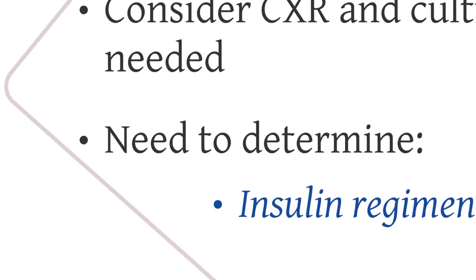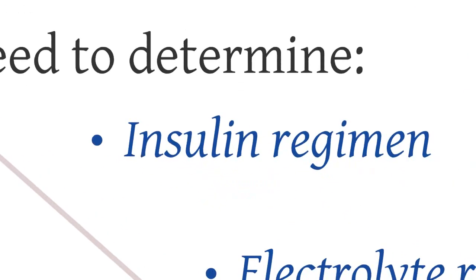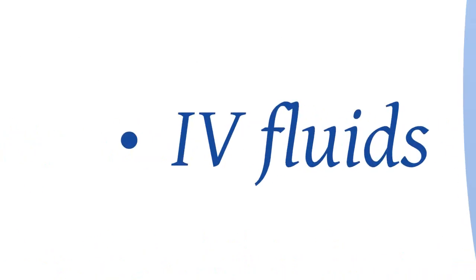And I like to break down the treatment for DKA and HHS into 4 different categories. One category is the insulin regimen, what insulin should be placed on initially, and how they should be transitioned out of the hospital. The second category is IV fluids.